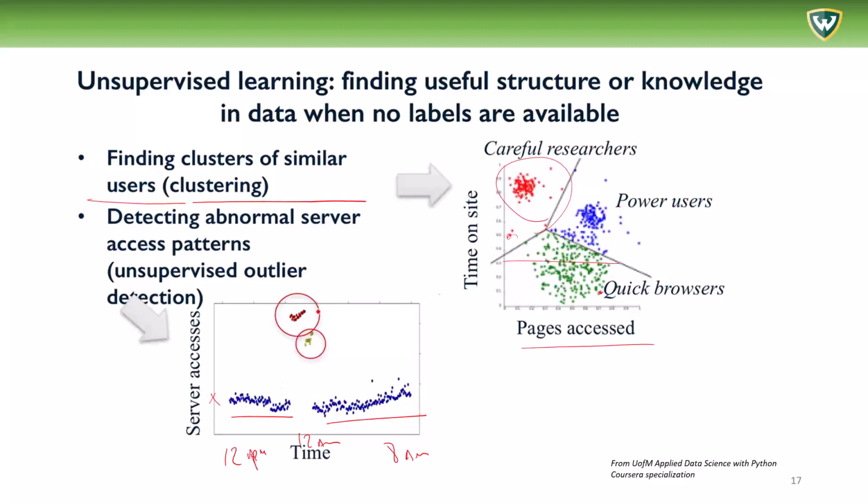Now, maybe you start noticing that some people are accessing the sites at a very awkward time, and they're accessing many different sites, many different servers. You can notice that this activity is very different from the other ones.